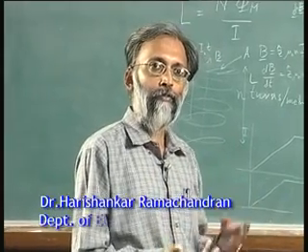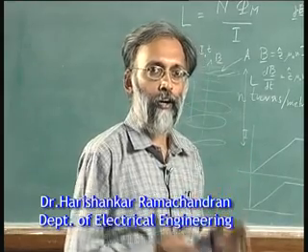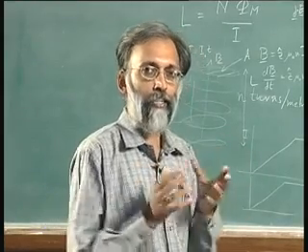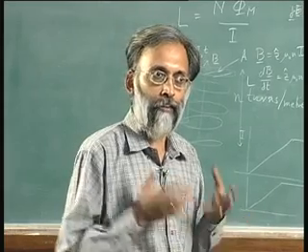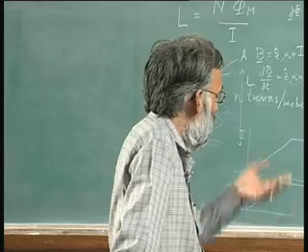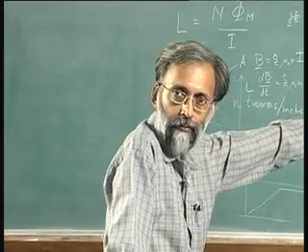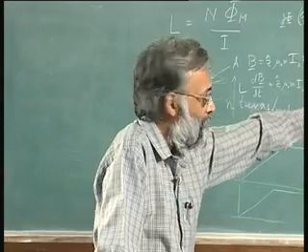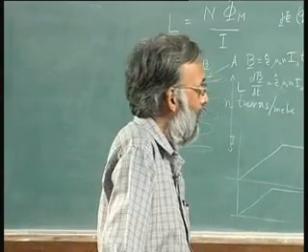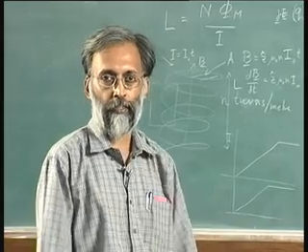That induced EMF has to be overcome by my currents, and therefore, I am injecting energy into this device. Where is that energy going? It is going into the fields, and specifically it is going into the magnetic field, and the expression for it is B squared over 2 mu naught. I will formalize this expression next time, and we will work out some examples with inductors.